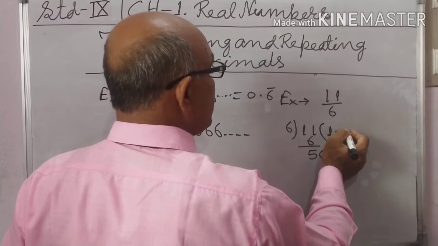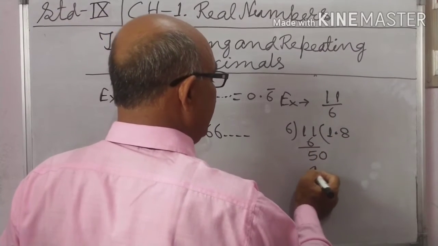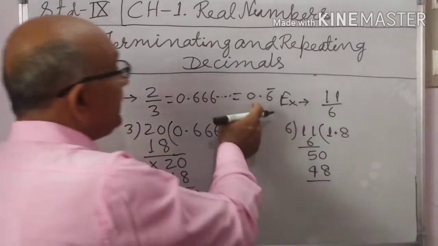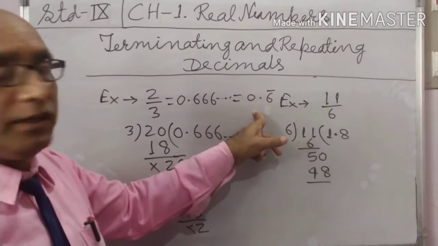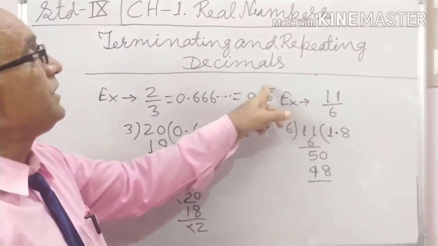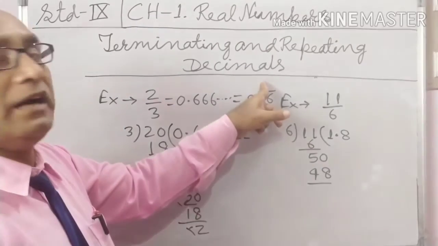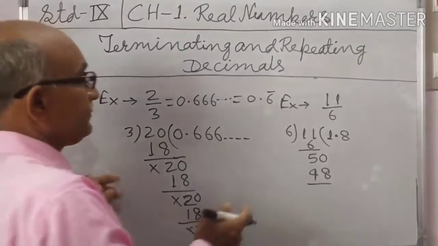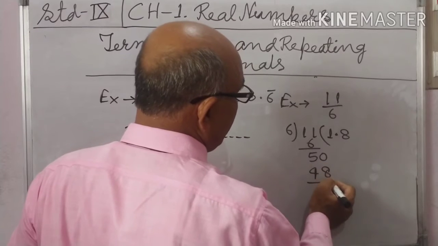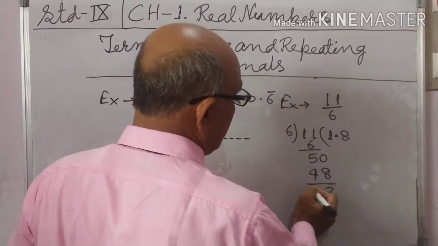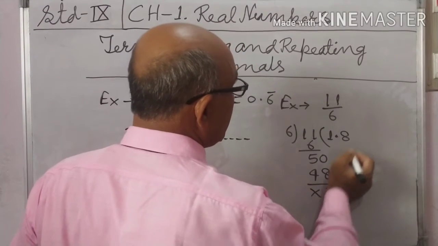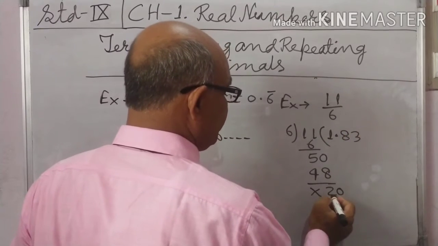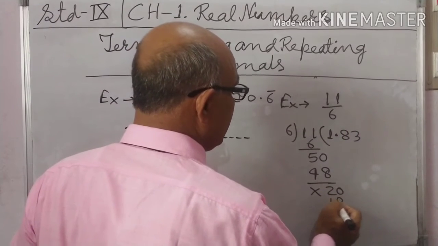Now 6 eights are 48. It is repeating, non-terminating, recurring. 50 minus 48, 2, then 20. 6 threes are 18.